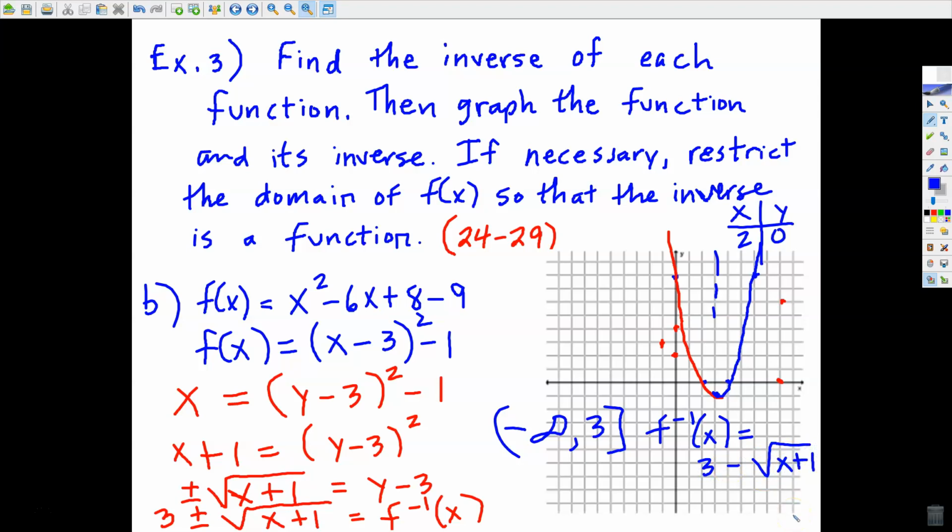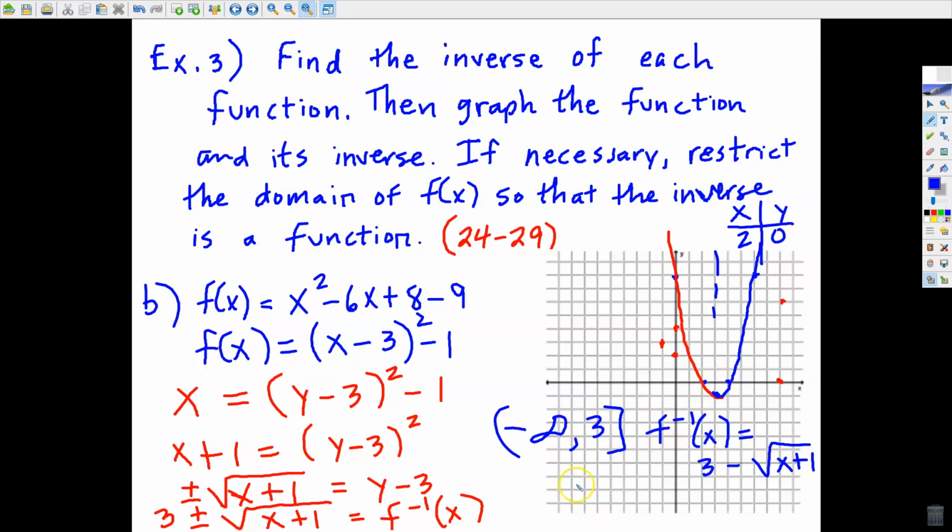Question? The 3 here, it's the x-coordinate of the vertex, and that's always going to be true. Yeah, so we're coming from negative infinity, and the red half stops at 3.